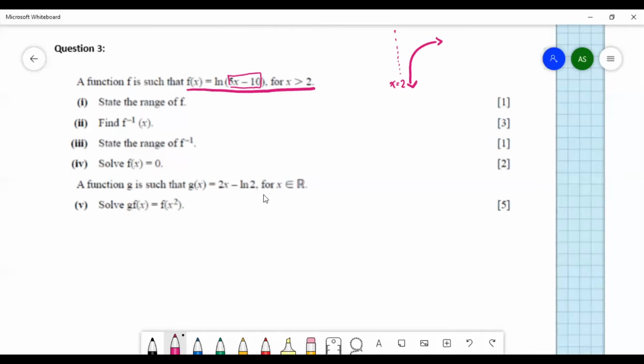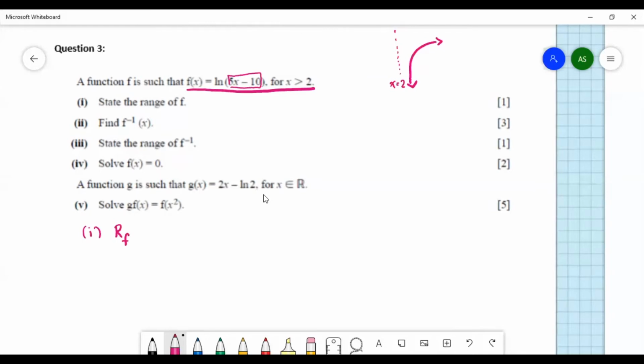But as you can see, the y values can be negative as your graph goes to negative infinity, and it also approaches positive infinity as your x values increase. So therefore, the range of f is all real numbers.